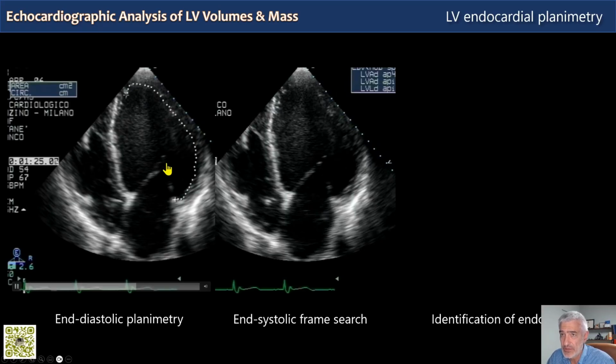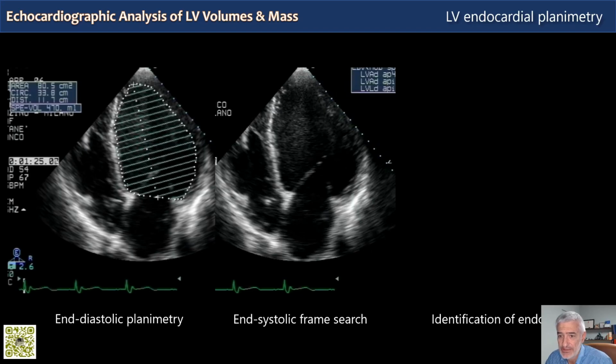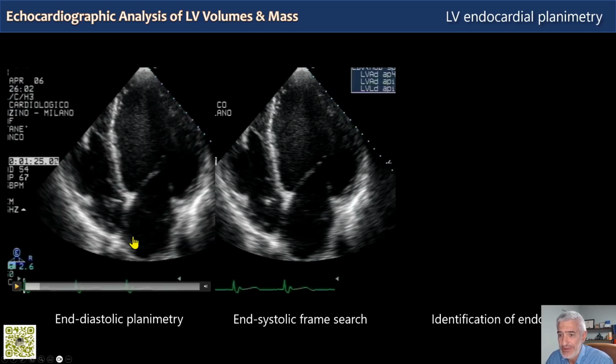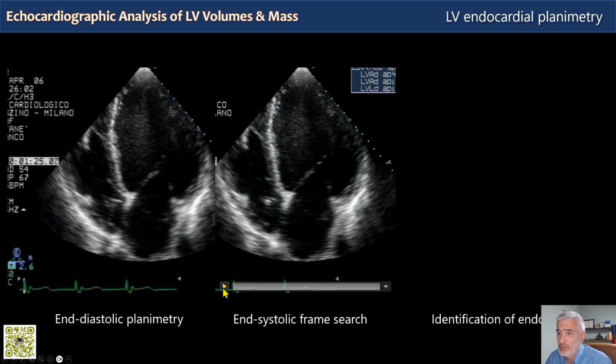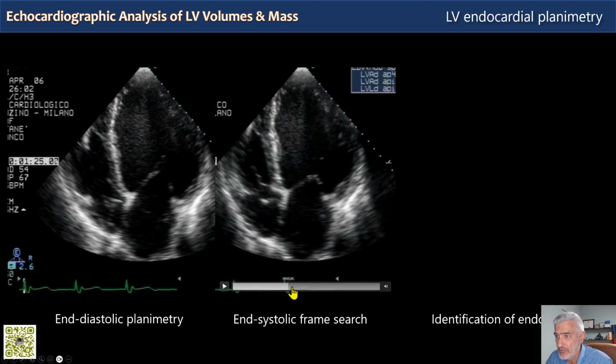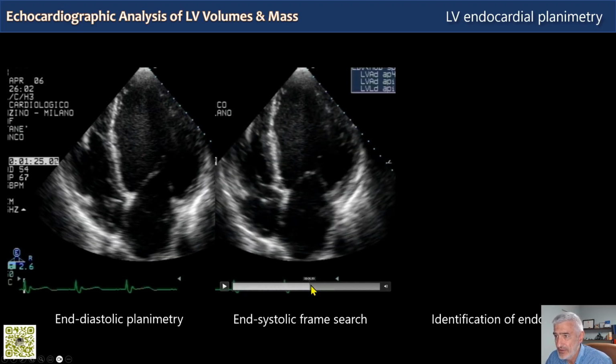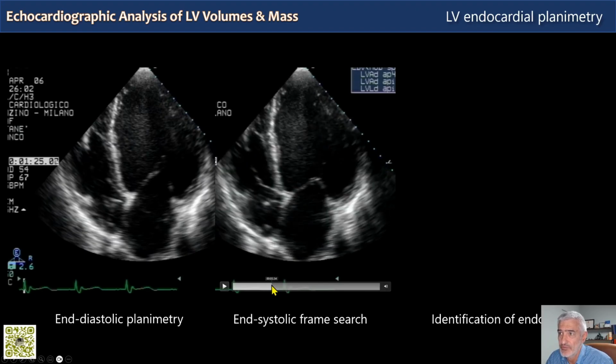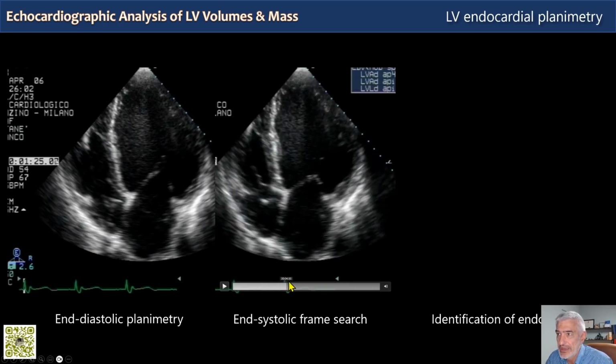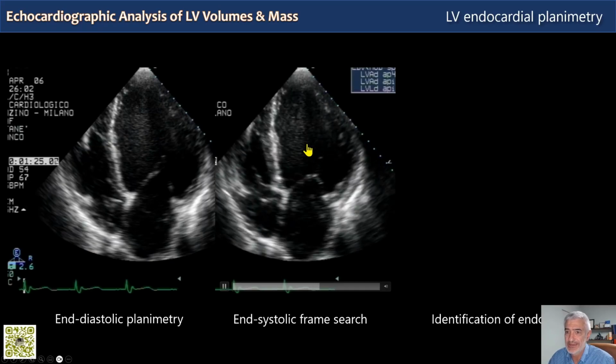You try to extrapolate when the endocardium is not clearly visible. It is essential to clearly observe the movement of the endocardium, and you can do this by going forwards and backwards manually on the clip, so that you can follow the movement of the endocardium, which is usually easy to do because the endocardium has a predictable movement from outwards to inwards towards the geometrical center of the cavity.